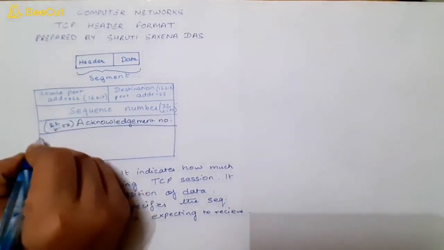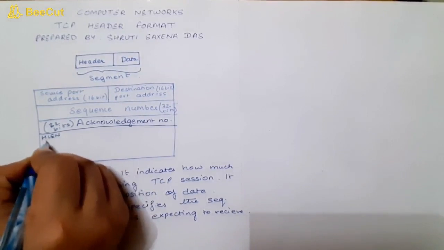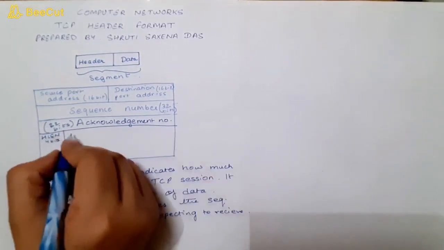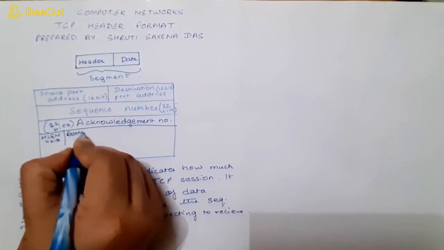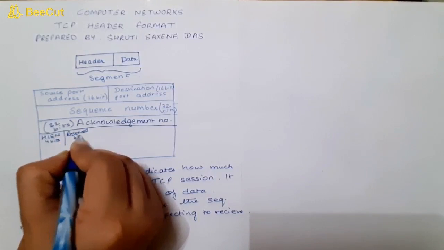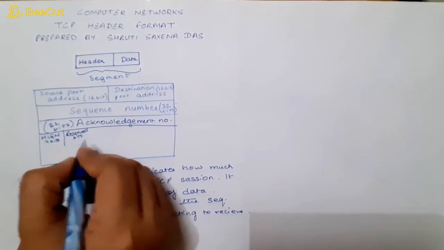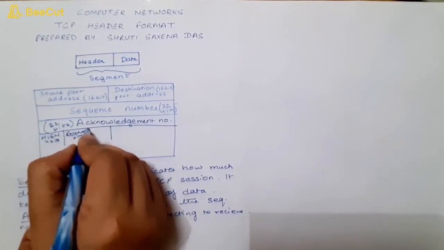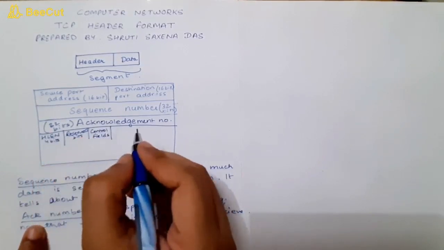The next field is the header length. Header length is 4 bits. I'll write about the full row. Then some reserved bits are there for future use. Then some control fields are there, which we'll discuss.